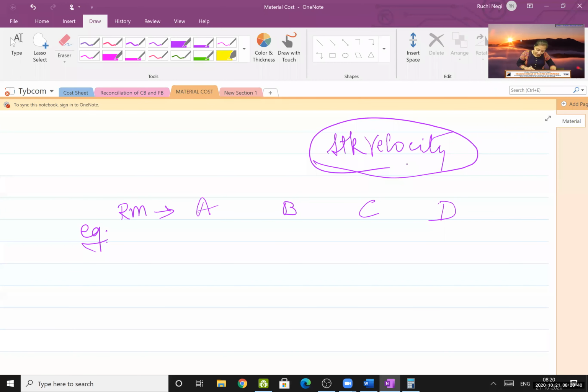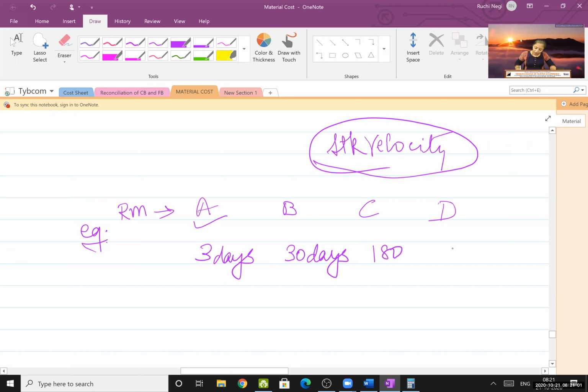So, say for example, my stock velocity for raw material A is 3 days, B is say 30 days, C is say 180 days, and D is say 280 days.